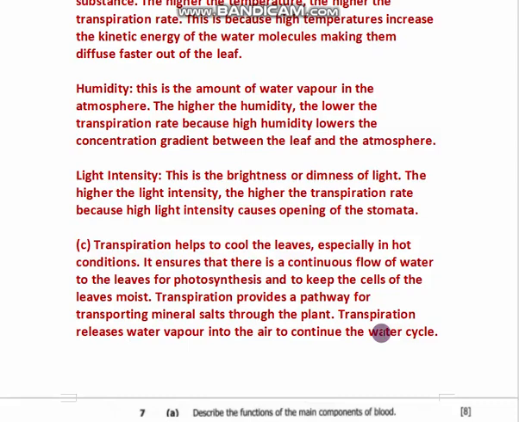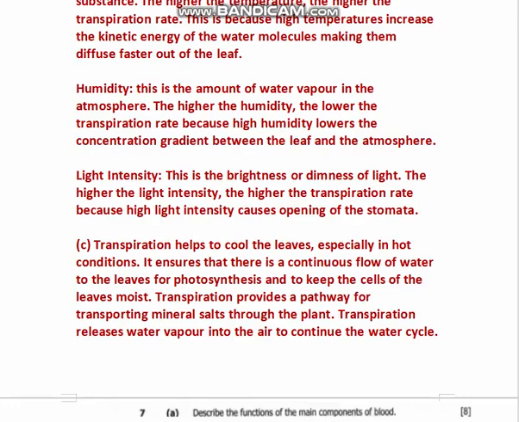And therefore, it also encourages the water cycle between the plant and the atmosphere. So these are the significance of transpiration. So I'm just reading these answers and also adding on where I feel like adding.